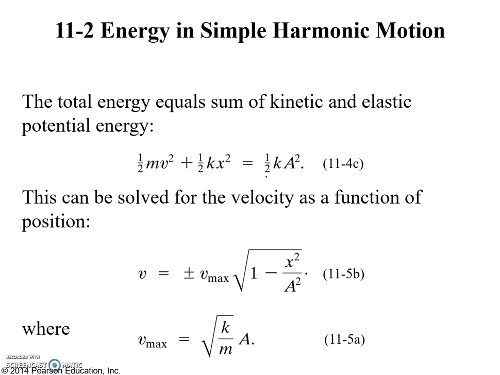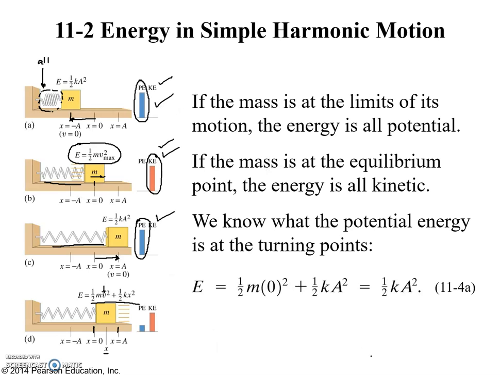So this is 1/2 k a squared, where a is the amplitude, which is where the system is completely stretched out. If I back up to this slide, for instance right here, where it's stretched out to its fullest point, the total energy in the system is all potential.